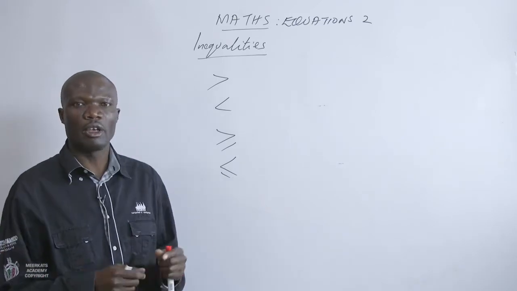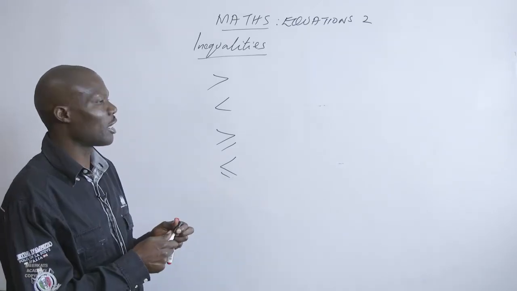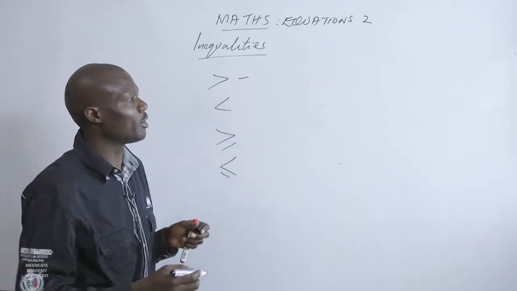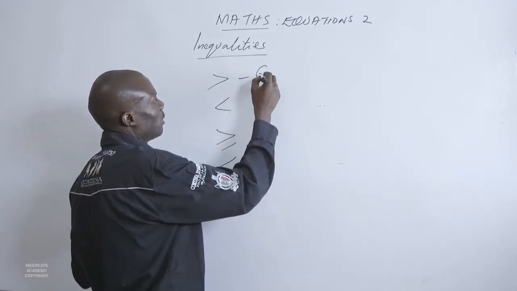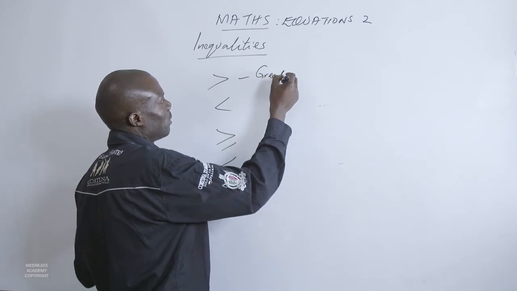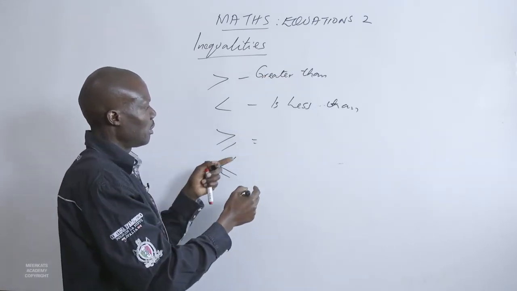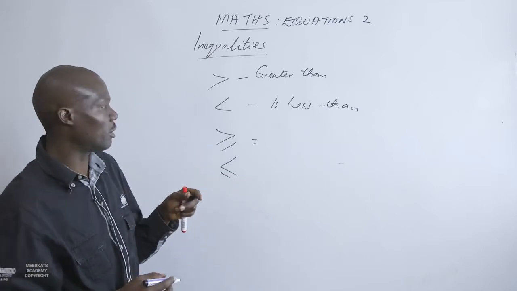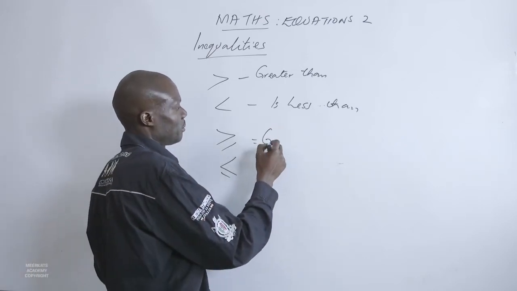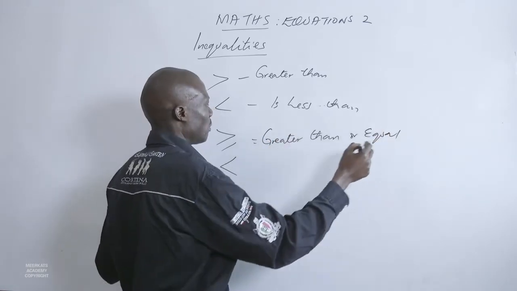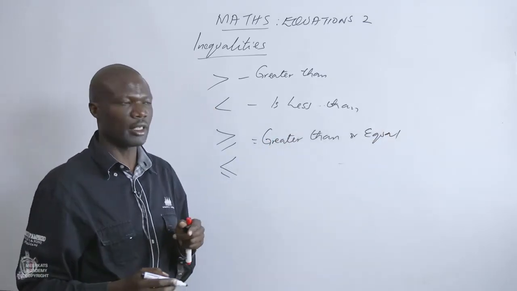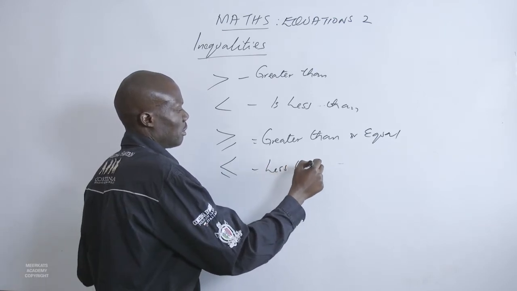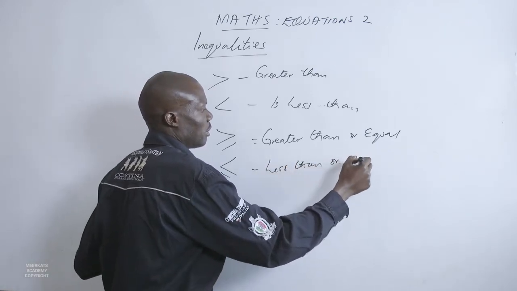So in your discussion, you should have come up with the following: this sign here represents greater than. This one is said to be greater than or equal. And the last sign is said to be less than or equal.